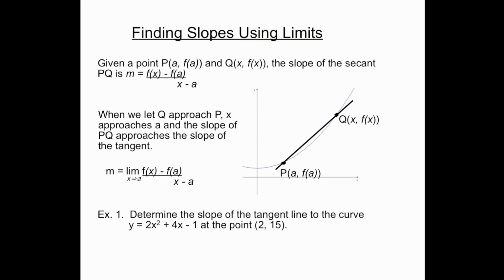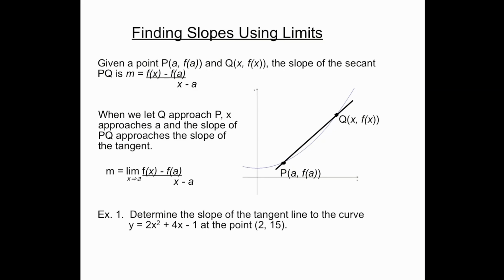And remember, f of x is just our y2 value for point Q, and f of a is our y1 value, the y value at point P, and x minus a is our x2 and x1 values.